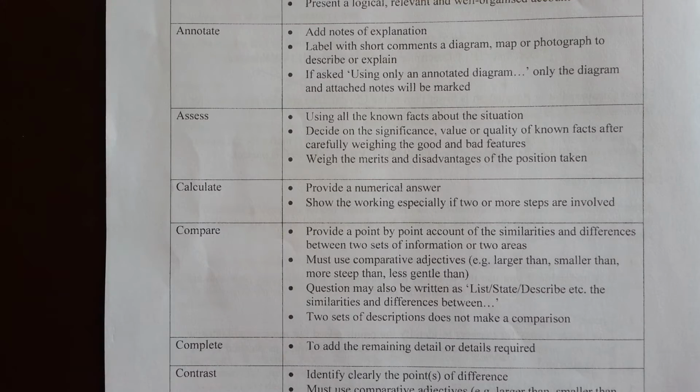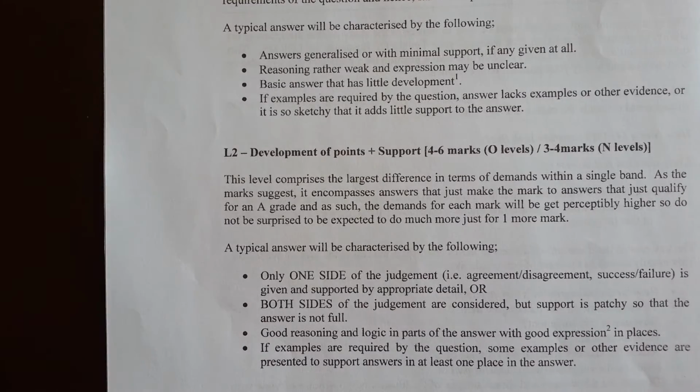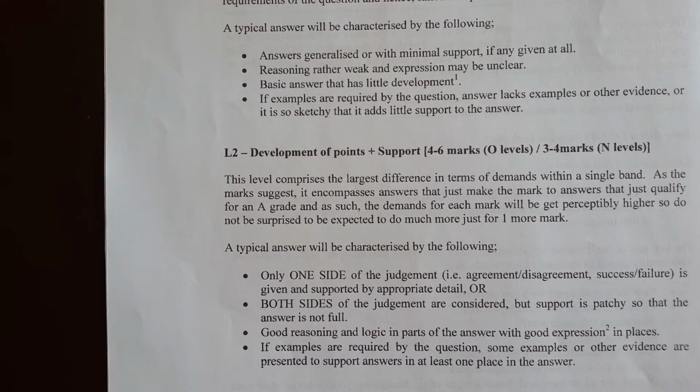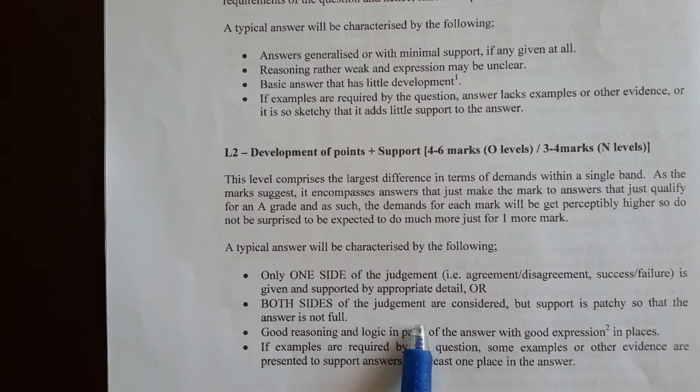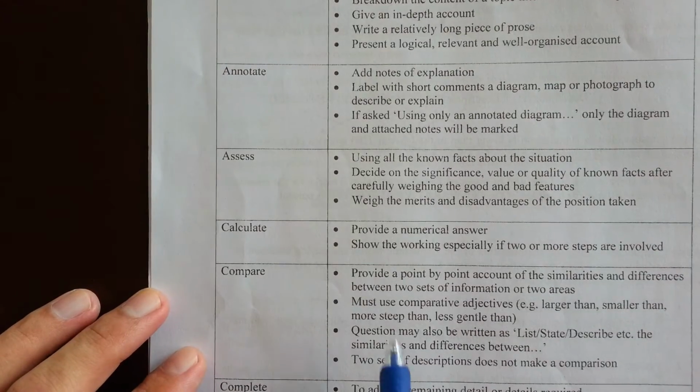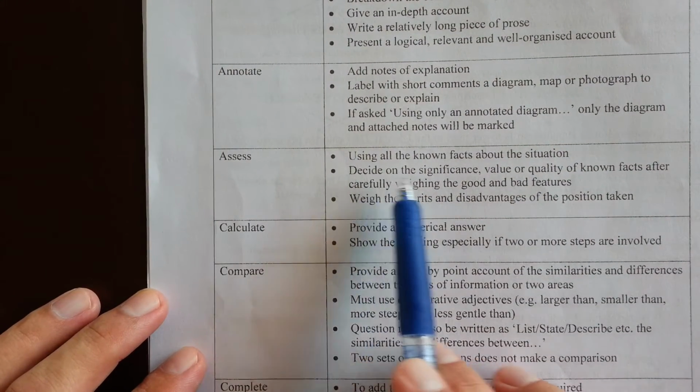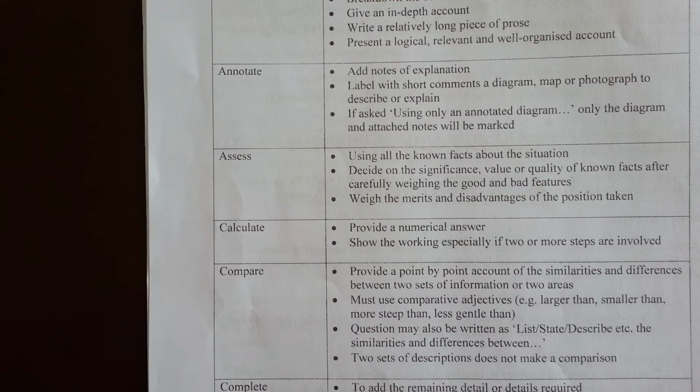And if you look at the Cambridge scoring rubric for such a question, you will realize that this is clearly reflected: only one side of the judgment or both sides of the judgment. So we need to establish what those two sides are because we need to decide on the significance.